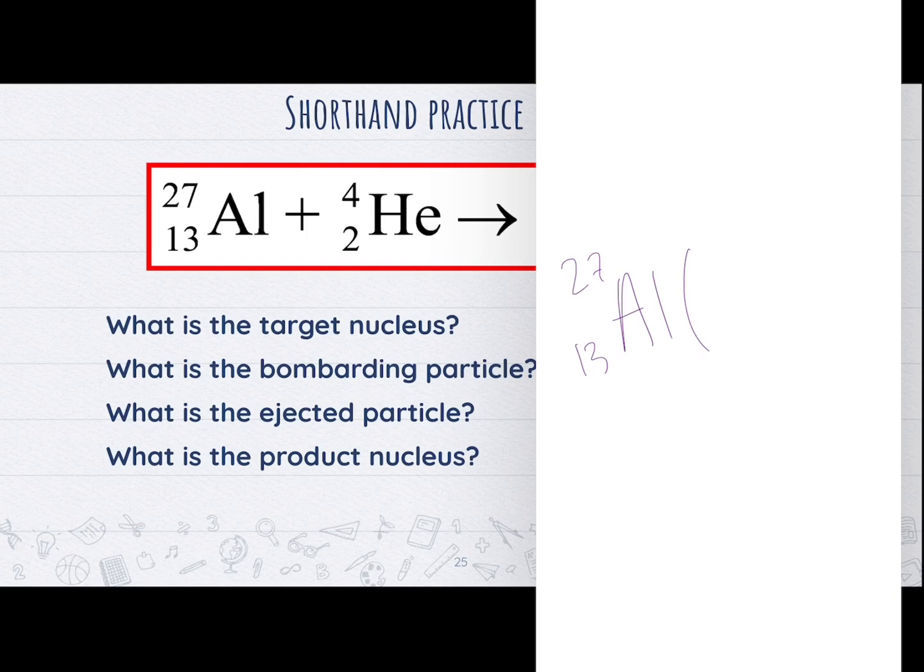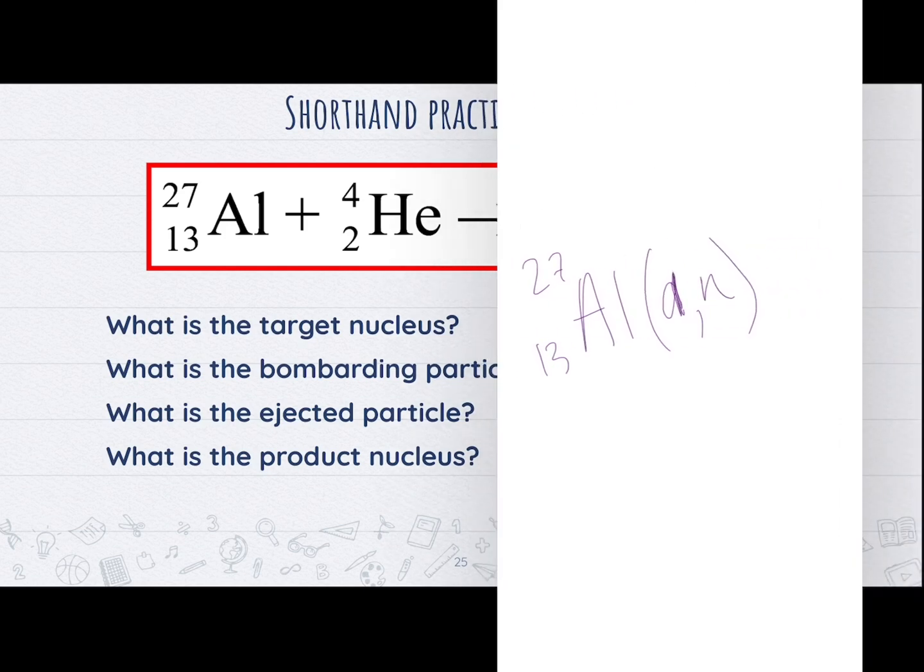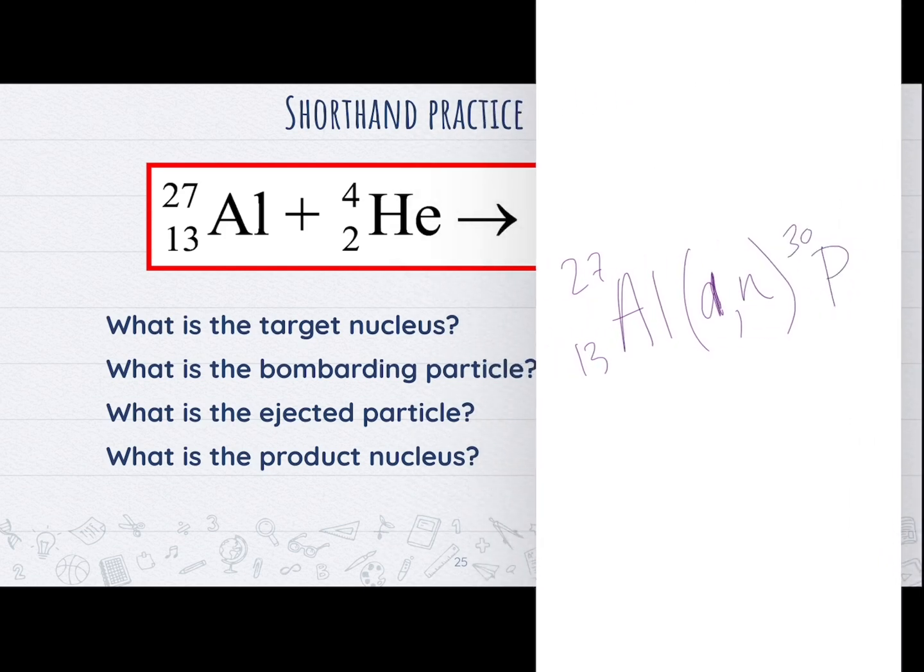In parentheses, I have my bombarding particle, which is that alpha particle. Ejected particle is whatever it gave off. It gave off a neutron, so I can just write it n. And then my product nucleus, was that phosphorus. So this would be that shorthand notation for that problem.